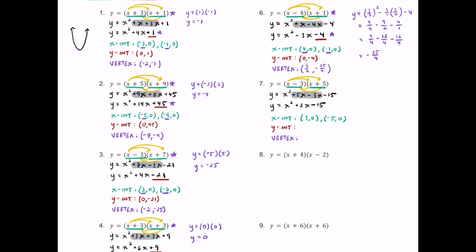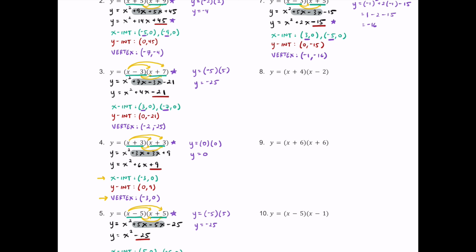For the y-intercept, take a look at the constant term, or when x is equal to 0. And for the vertex, look in between these. These are 8 apart, so 4 is halfway, so 4 less than 3 is -1. And we can use this to go ahead and find out our y value. I'll use standard form again just to give it some practice. So the y value is going to be -16.